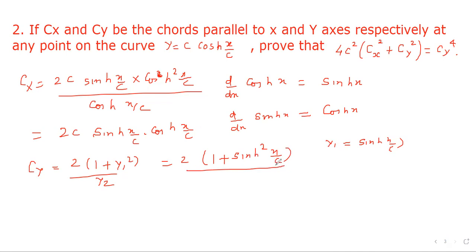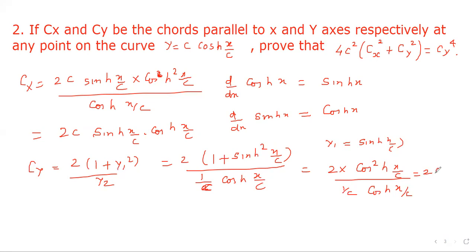That will become cos hyperbolic square x upon c, divided by y2. Y2 is 1 upon c times cos hyperbolic x upon c. So this will become 2 into cos hyperbolic square x upon c divided by cos hyperbolic x upon c, and this c will go in the numerator. So we will get Cy equal to 2c cos hyperbolic x upon c. So we have got the values of Cx and Cy.